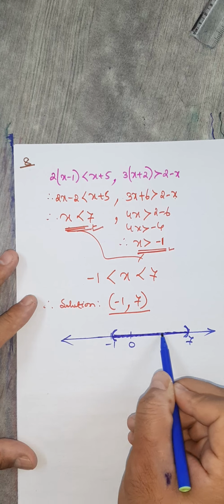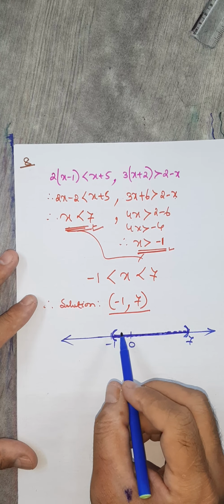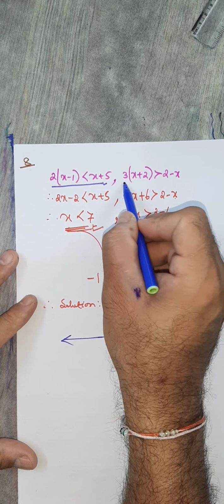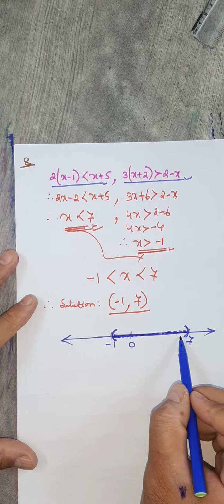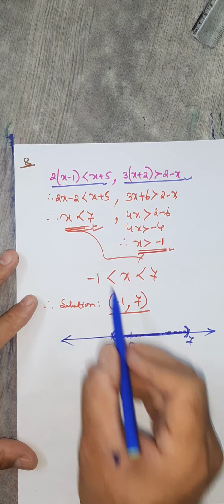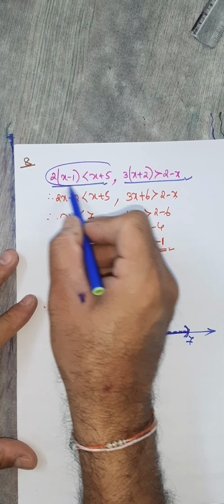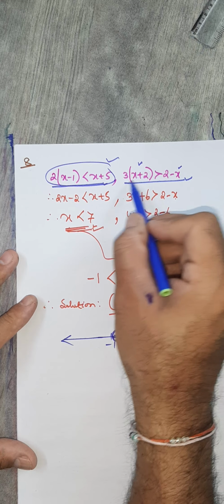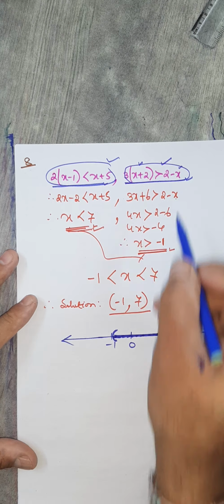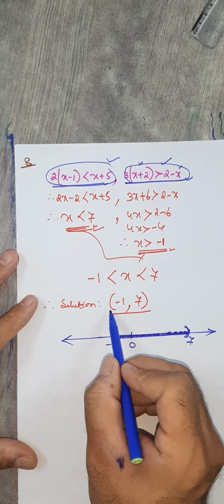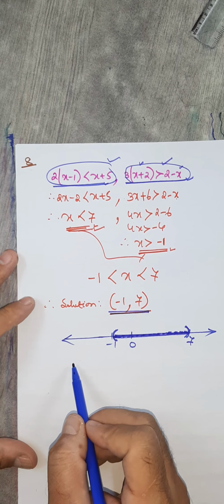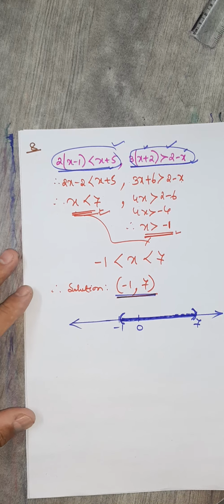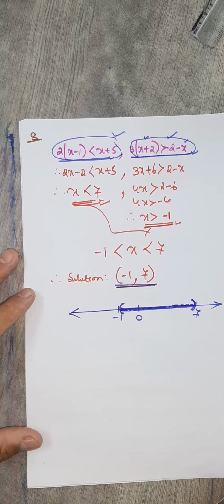Every number in this open interval satisfies both the inequalities, this and this. You can try, take any number randomly. Suppose I am taking 0. Put it here, you will see that this will be true. Put 0 here and here, you will see that this also holds true. So this is called the solution set, open interval minus 1 to 7. Okay, let's go to the next question.